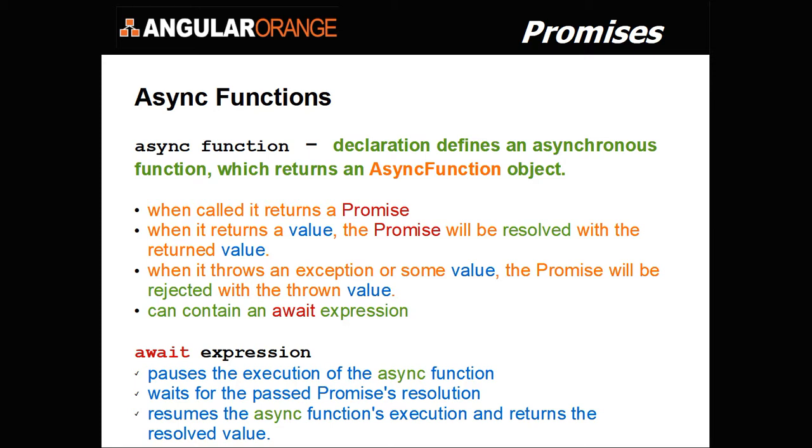Now, await expressions are kind of used for, I'm going to say, executing promises in a waterfall fashion, or executing promises concurrently and then awaiting some synchronous execution of a method to aggregate values.